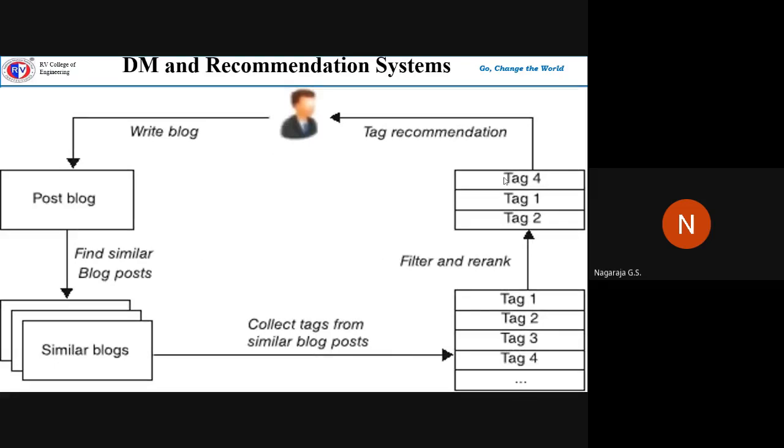Apart from the textual kind of recommendation system, we also have tag recommendations, wherein we have different tags. In tag recommendation, the moment you complete any job, you can give a very specific tag for that. You can observe it on the right hand side. We have tag 2, tag 1, and tag 4. So ultimately you can filter all the tags and re-rank them.